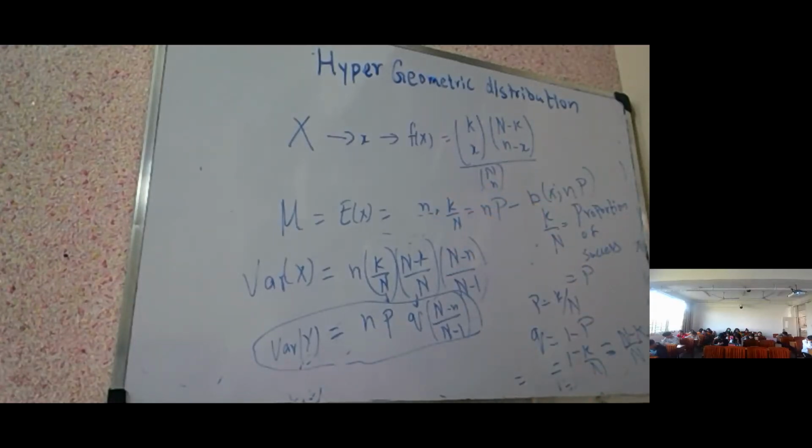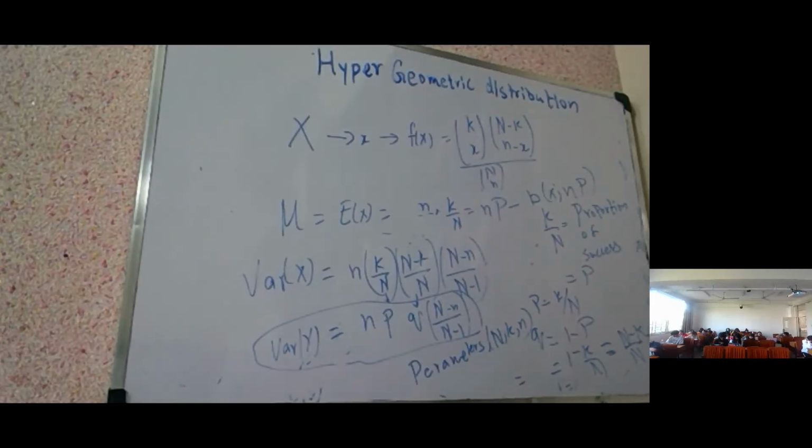K is given, small n is given, big N is given. We will see in an example. And mu is the parameters of a hypergeometric. Parameters are N, K, and n, right? And variance is sigma square.